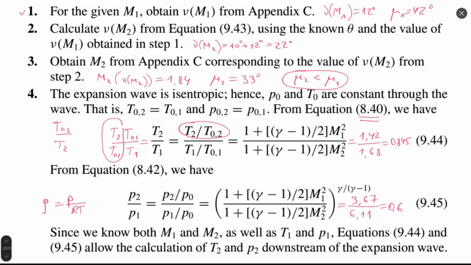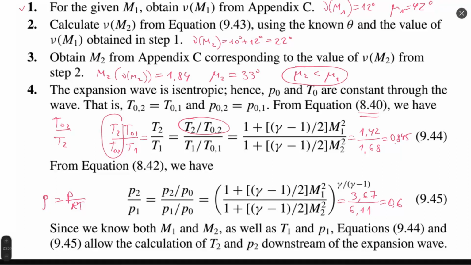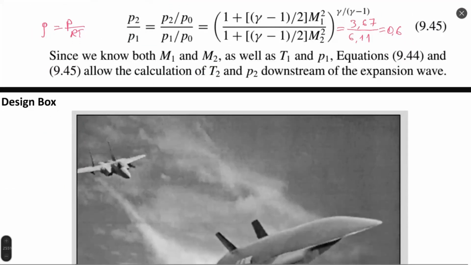Do not forget that all units must be SI: pressure in Pascal, gas constant in joule per kilogram Kelvin, and temperature in Kelvin. Then you will receive density in kilogram per meter cubed. Do not use temperature in Celsius or pressure in bar, because otherwise you will receive very wrong results. Everywhere SI units.